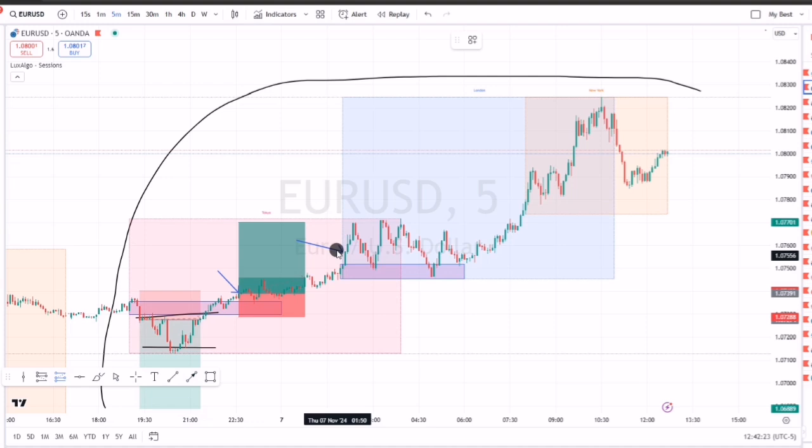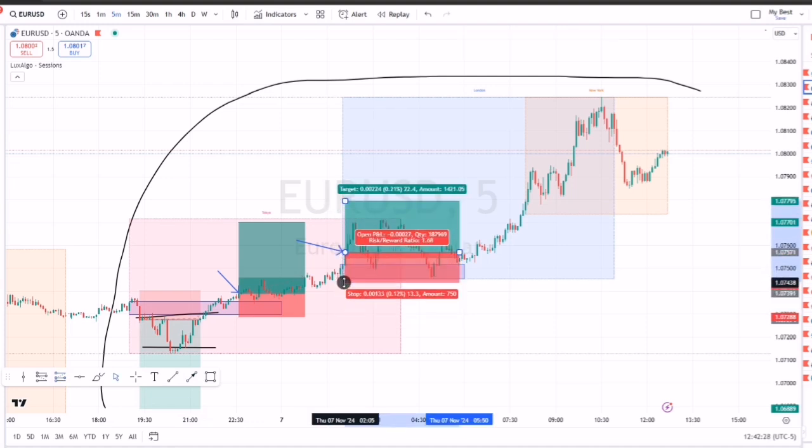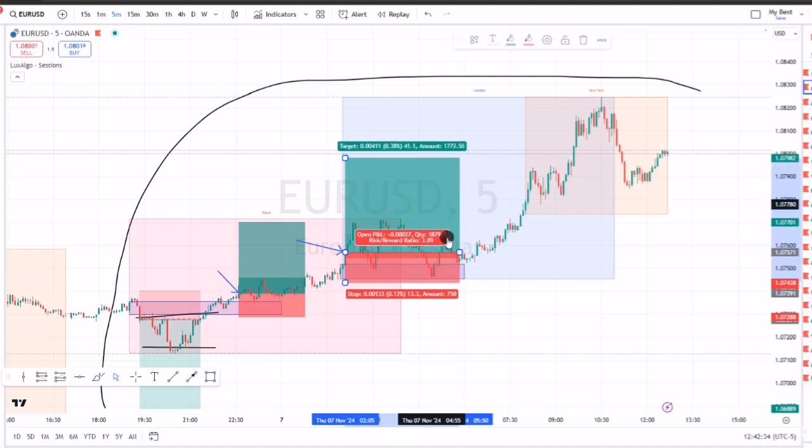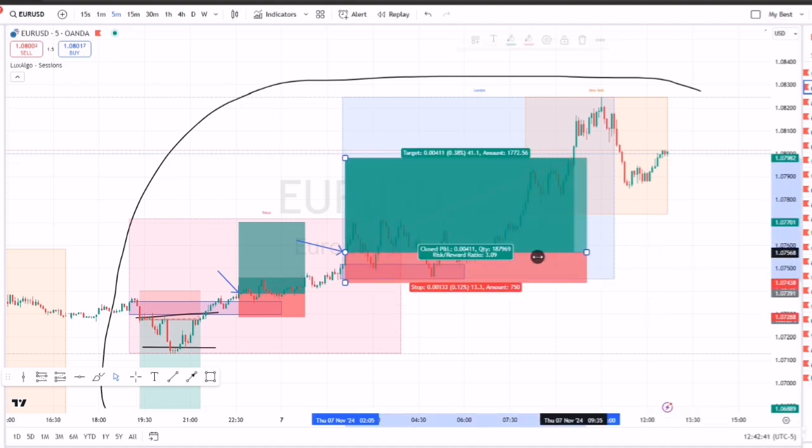So all you do is place a buy trade, put your stop loss just below that box that you have drawn, and then you can target your 1 2 3. To be safe, your 1 to 2.5. You see that this was another trade.